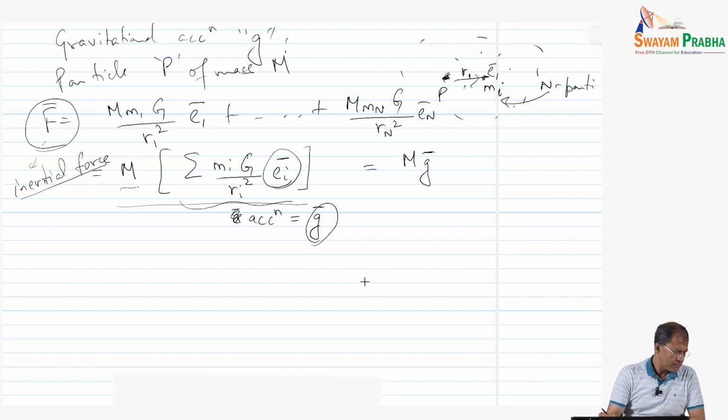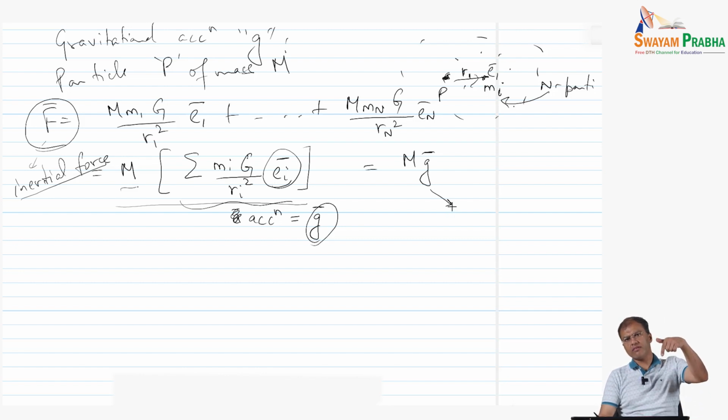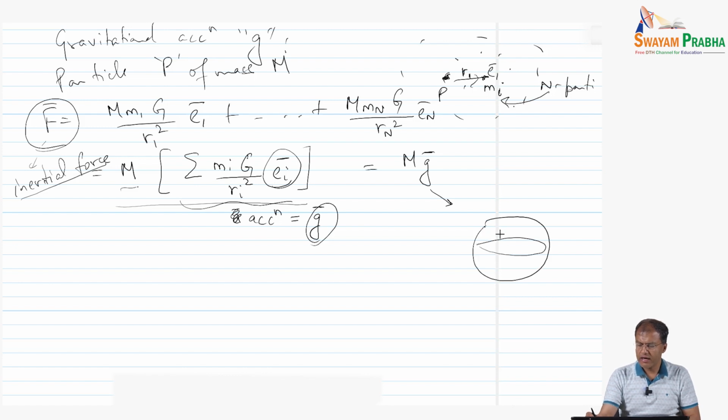Okay, so what do we have? So typically this acceleration due to gravity acts along a direction which is directed towards the center of the earth. So suppose here is my earth, and let's say here is where I am sitting. My gravitational force of attraction is going to act downward towards the center of the earth, right?